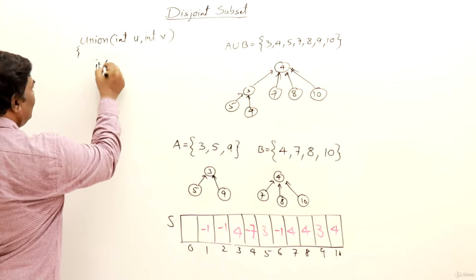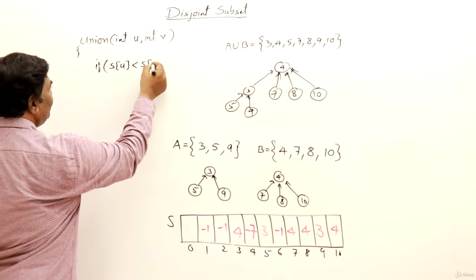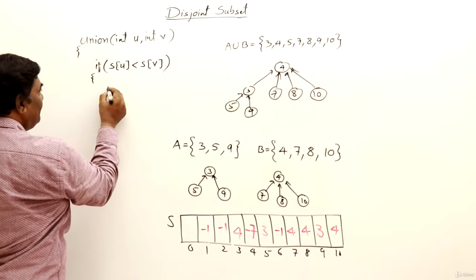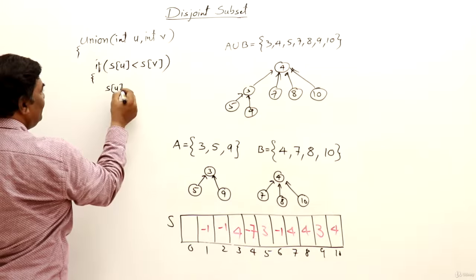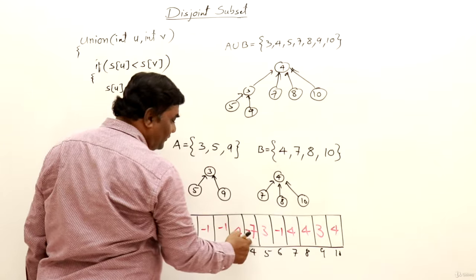If S of U is less than S of V, then who will become parent? S of U will become parent. But in S of U, we will write down the total value, that is -3 and -4 we added and wrote here, right?